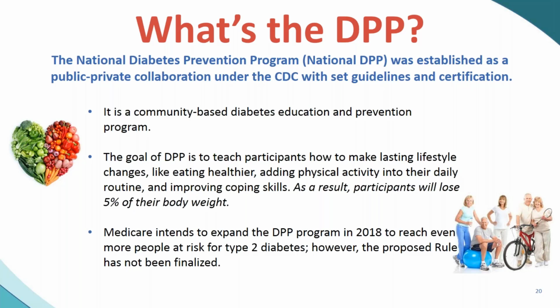It seems so simple, but it can make such a difference. So they're going to do nutritional counseling, they're going to have them exercise, basically lifestyle changes. And the goal of the DPP program is to have the patient lose at least 5% of their body weight. That is considered to be a successful outcome for the DPP program.